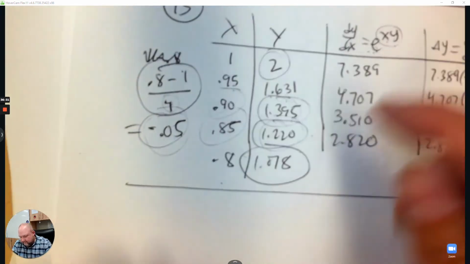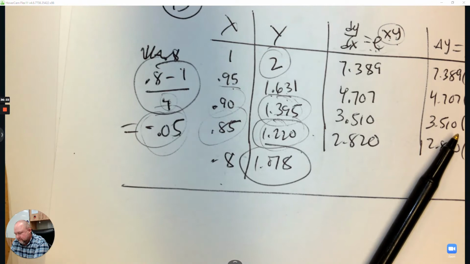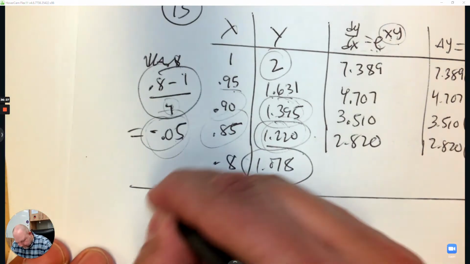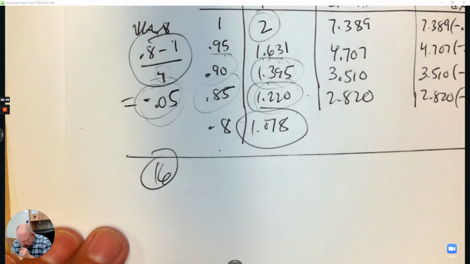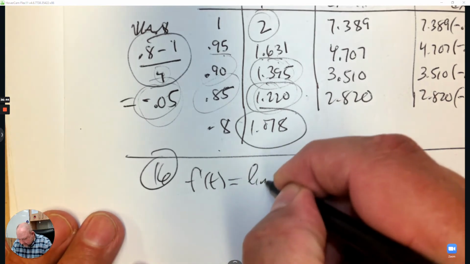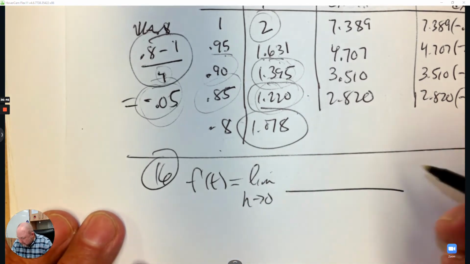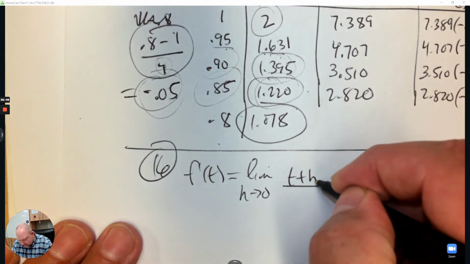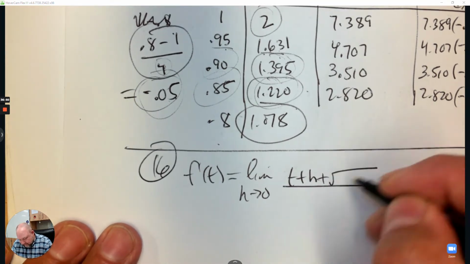Number 16. Write it down. It's actually a really easy question, but it looks complicated. So what this should remind you of is the original definition of a derivative.